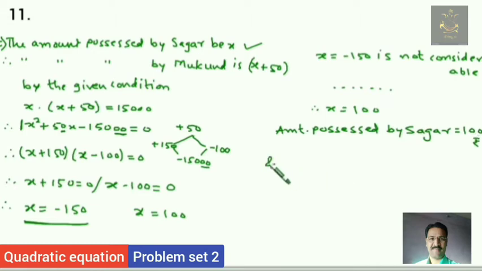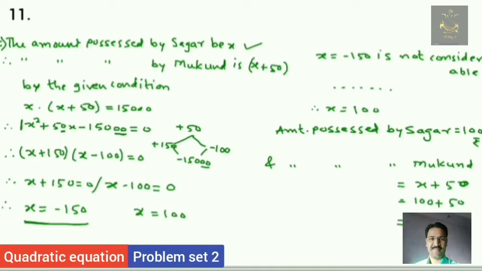And the amount possessed by Mukund, that is 50 rupees more, means X plus 50. So here it is 100 plus 50, so the amount is 150.